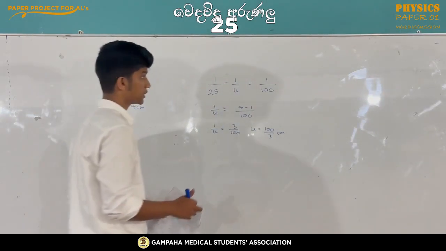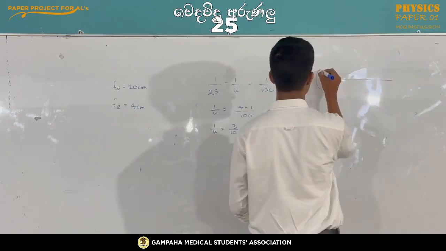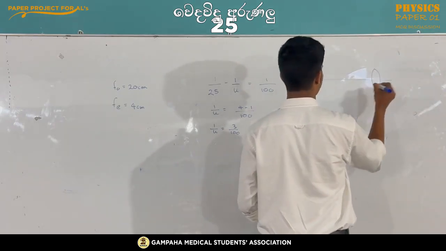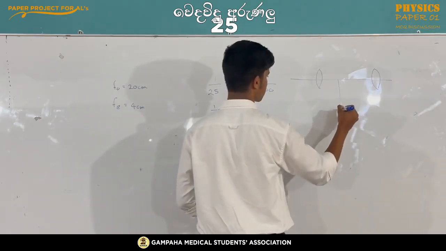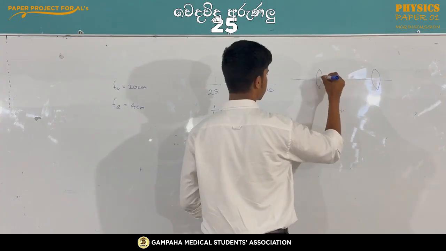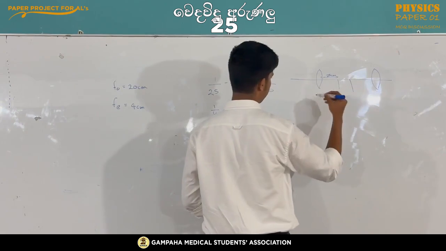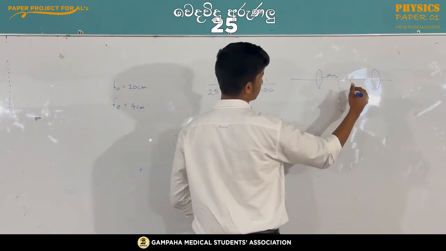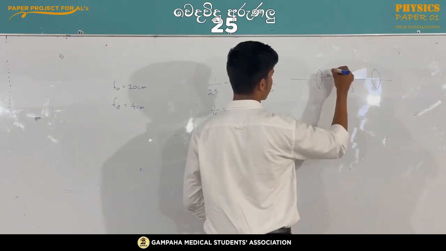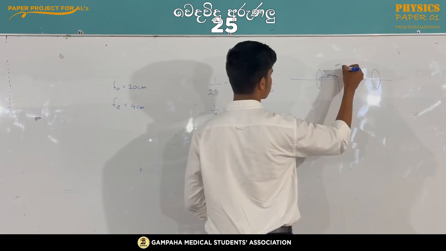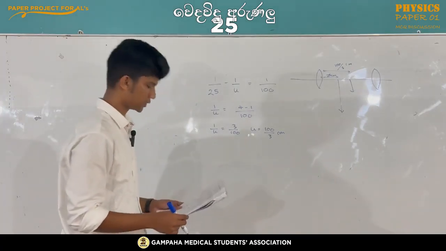Thereafter, once we consider the two lenses, the final image of the telescope is formed at 100 over 3 centimeters, while the final image that the observer observes is at 25 centimeters.